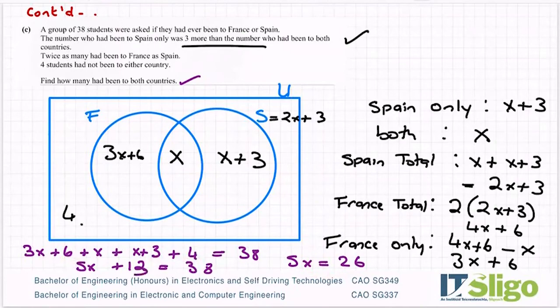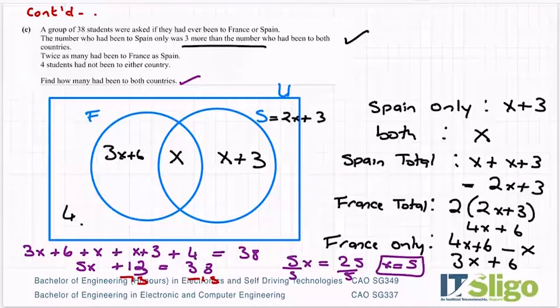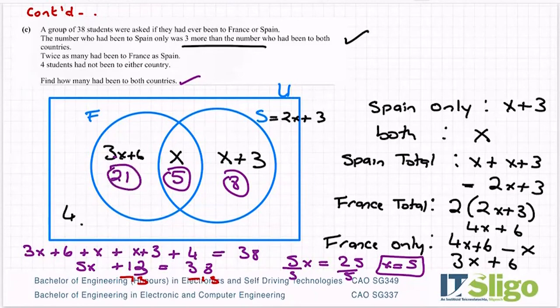So subtract 13 then from both sides. So I get 5x being equal to 25. Okay, divide both sides by the number in front of x, and I get x being equal to 5. Okay, so in other words, 5 goes in there. 5 and 3 is 8, goes out here. 3 5s are 15 and 6 is 21, goes out there.